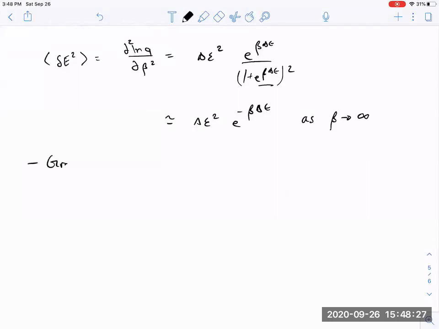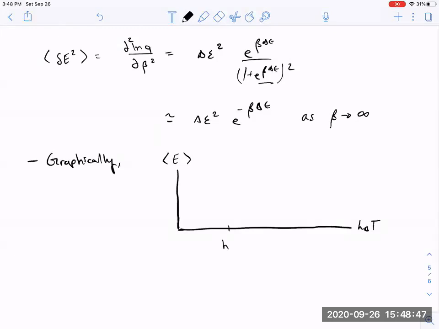Graphically, we can make a plot of average energy as a function of kBT. Then for our harmonic oscillator system, playing the role of delta epsilon is this h bar omega. Our harmonic oscillator has a non-zero ground state energy of h bar omega over 2.